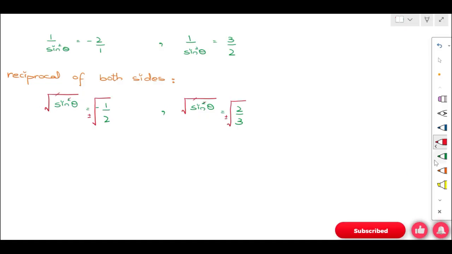The square and the square root cancel out. Here we have sine theta equal to plus minus square root of minus 1 by 2. We know that the square root of a negative number does not exist, so we have no solution from here.